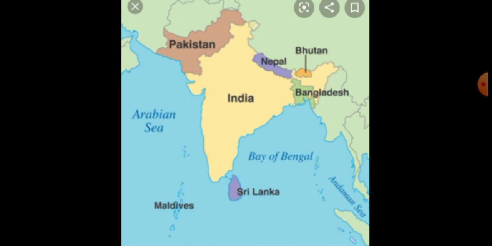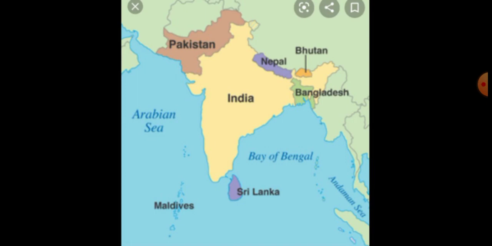Then India is the second most populous country in the world after China. The first most populous country is China.